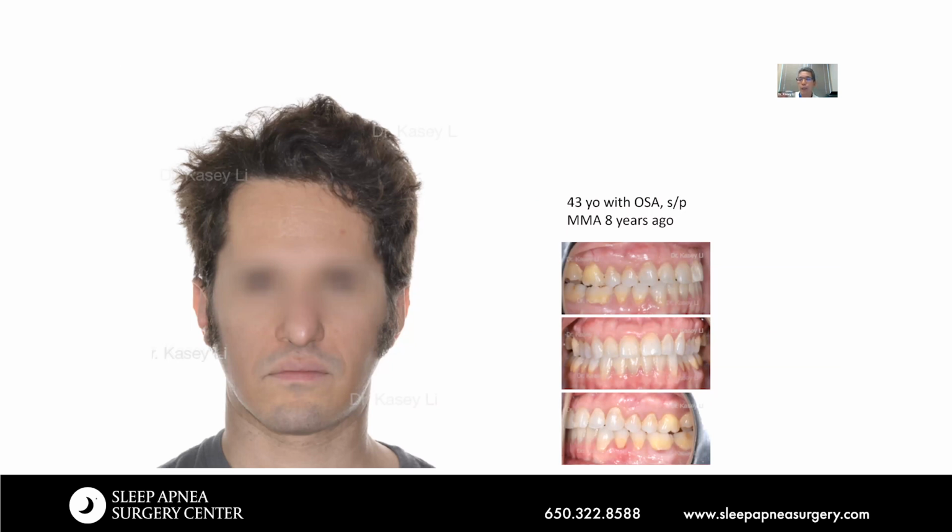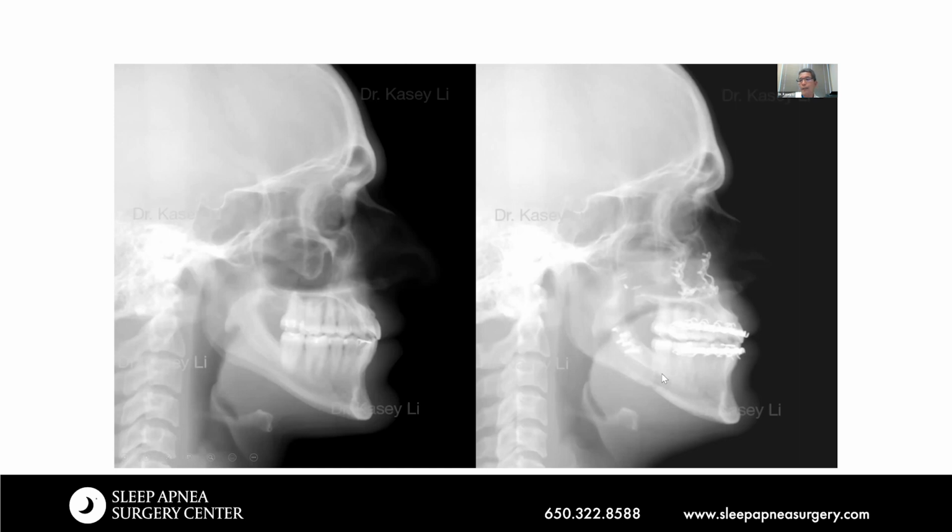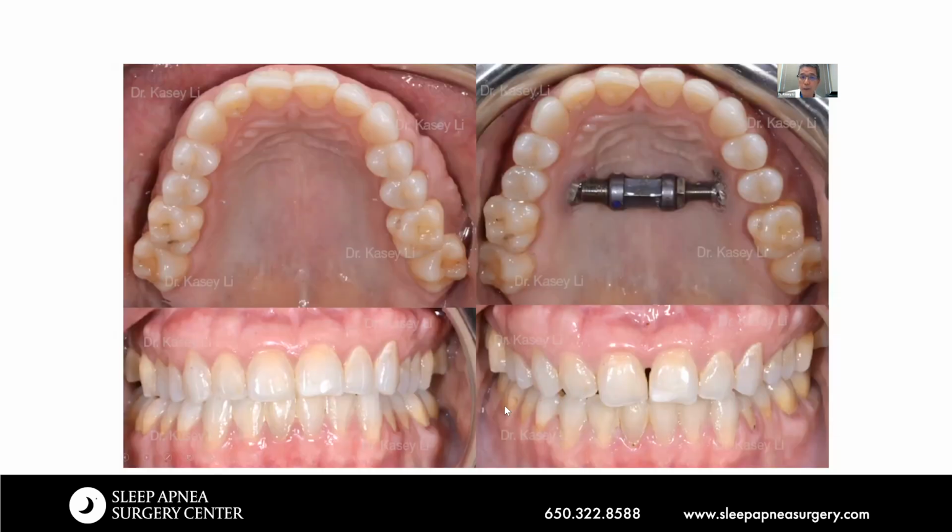8 years prior to the expansion, I did an MMA on him because I didn't develop this operation until about 4 years ago. So he has sleep apnea. 8 years ago, I did an MMA on him. I think my advancement was, I don't know, 14 or something. You could see a fairly decent advancement. He was much better, but he found out that I developed this operation.